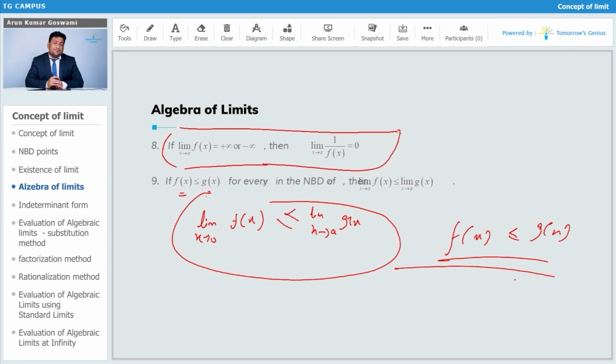Okay, so be careful while applying these things. These are very simple algebraic properties, but while applying them you should keep all the limits in your mind. Okay.